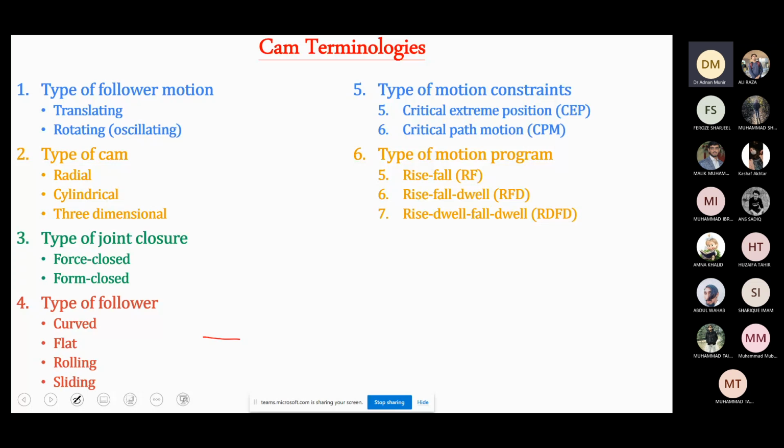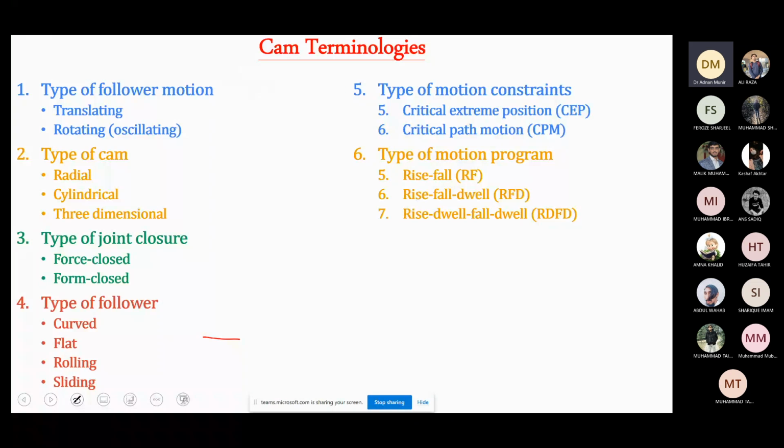And in critical path motion applications, we not only know the initial and the final position, but we also know the path or the path function that the cam follower will be following, right? It is possible that the whole path is defined for us, or we only know a specific path or specific function of how the follower is going to move. The rest we can choose. So when we have critical path motion, the path is also defined.